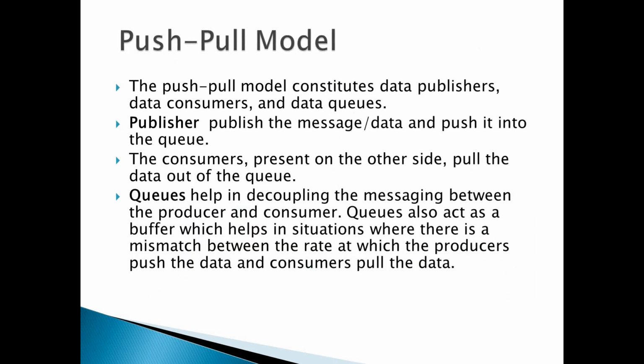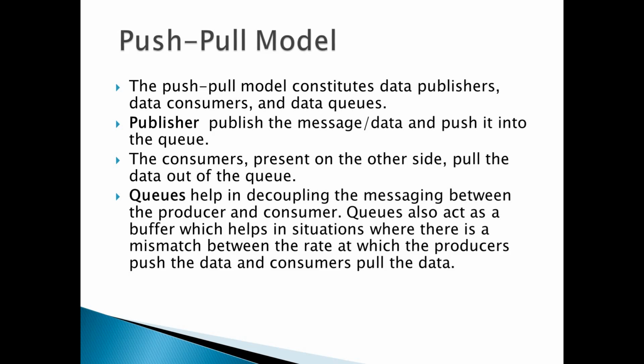The third one is the push and pull model. Here also there are three categories: data publisher, data consumers and data queues. The publisher publishes the messages and data into the queue.